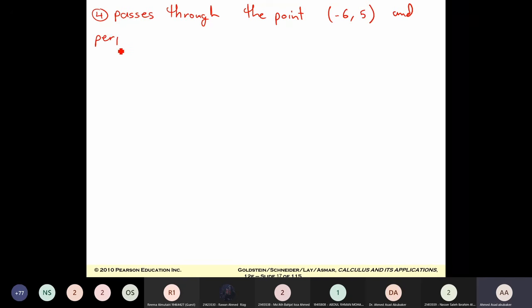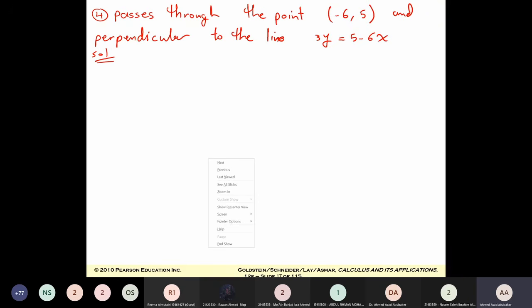perpendicular to the line 3y equals 5 minus 6x. This is the same as before, but here it is perpendicular.